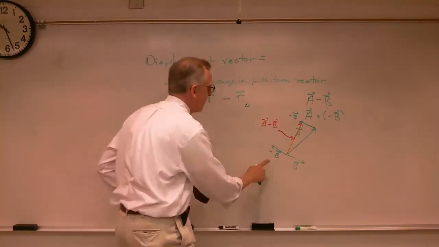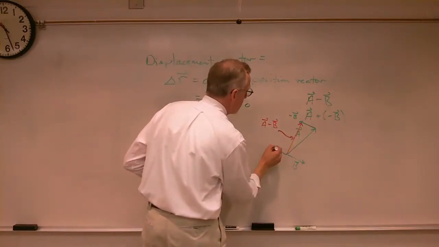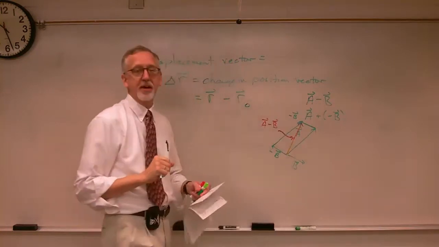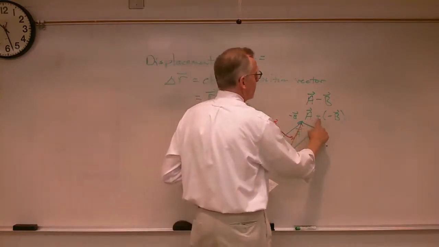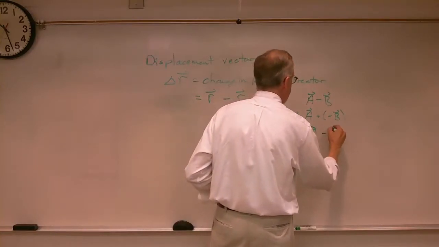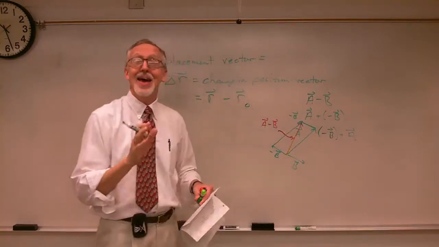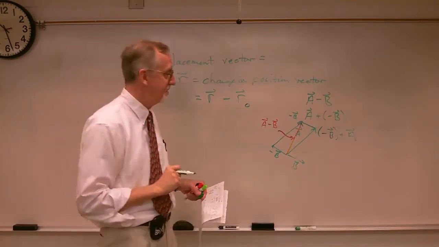We could take negative b and add a to it. And what do we end up with? Here's a, so we add a and we end up with the same vector a minus b. So it doesn't matter the order that you combine them, a plus negative b or negative b plus a, you get the same thing. But a minus b is not the same as b minus a. That would be the negative of each other.